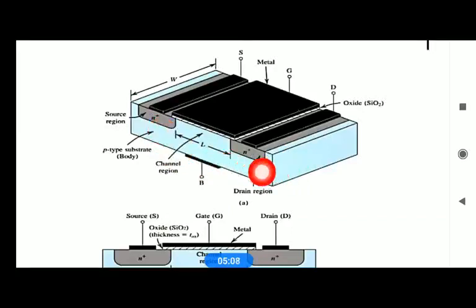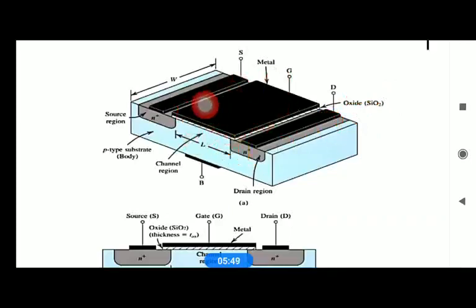Here you can see we have a P type substrate. This is the construction of an N channel enhancement type MOSFET. Upon that P substrate, two N type semiconductors are diffused, and between the two N regions there is a region we call the channel region. Above which we put some oxide, silicon dioxide.